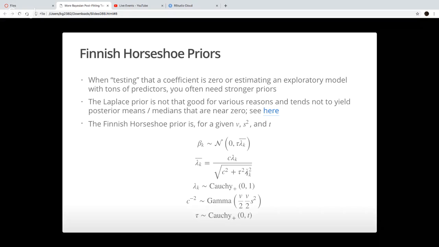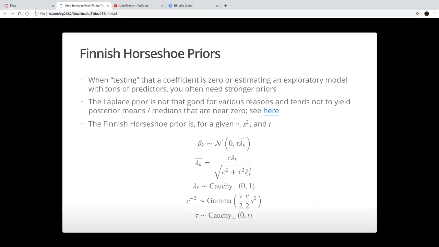And one of those is the so-called horseshoe prior, which also has some problems with it. And so more recently, people have come up with what has been termed the Finnish horseshoe prior, which is a hierarchical prior.